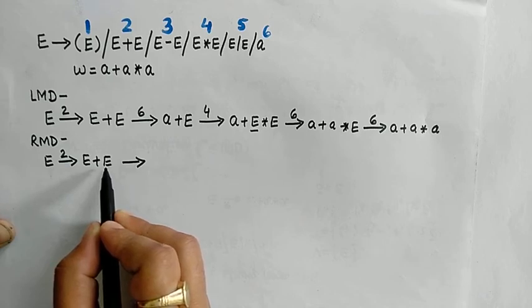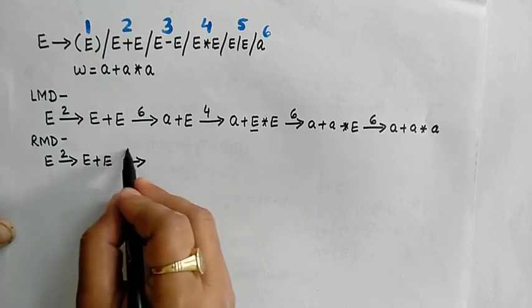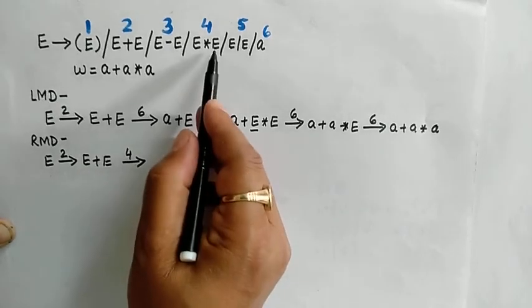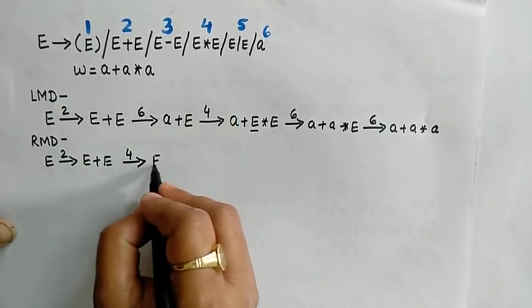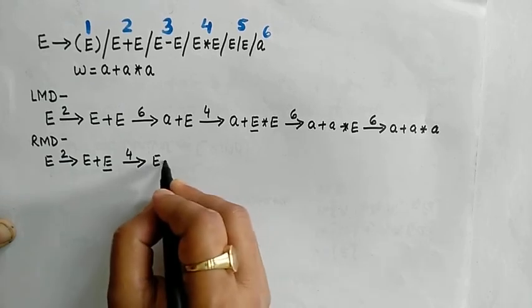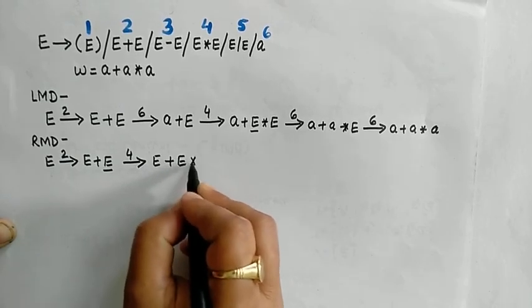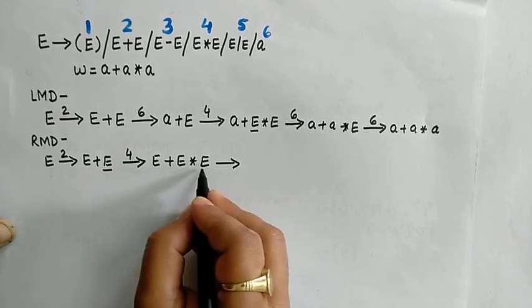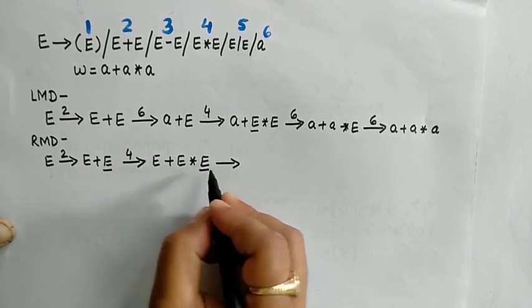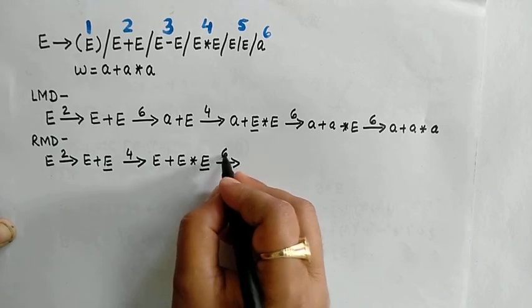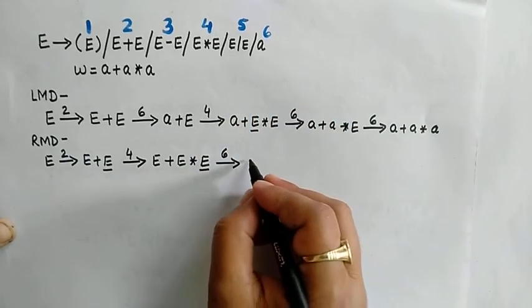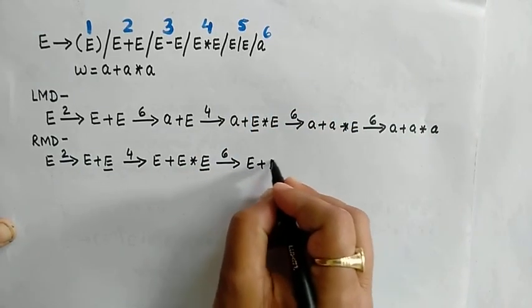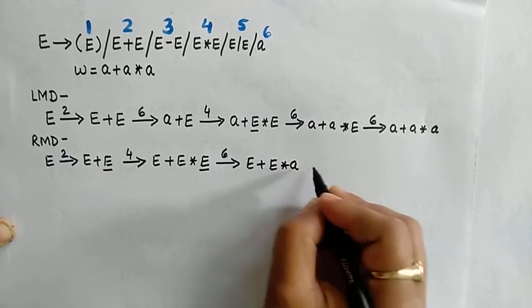I can replace it by production number 4, E asterisk E. So this would become E plus E asterisk E. Then there are three variables, and this last E is the rightmost variable. We replace it by applying production number 6, so we get E plus E asterisk a.